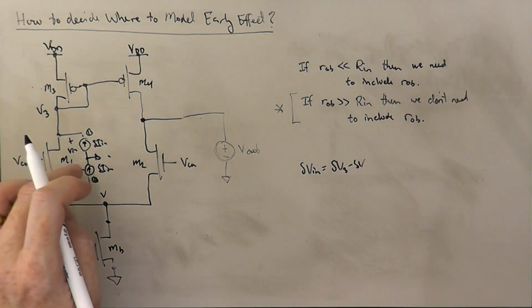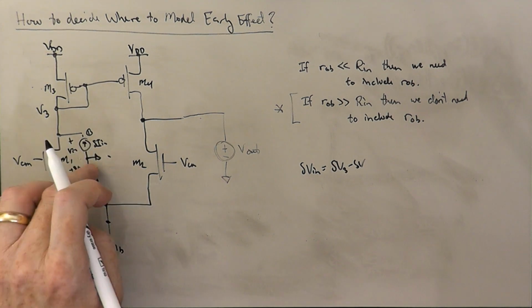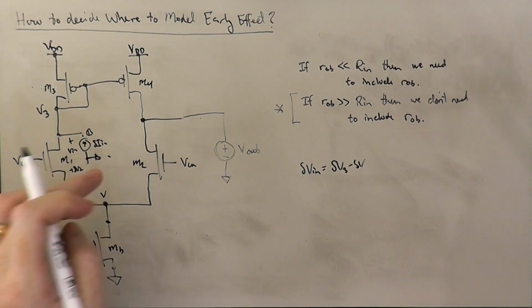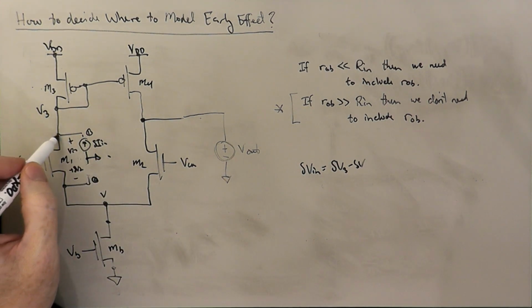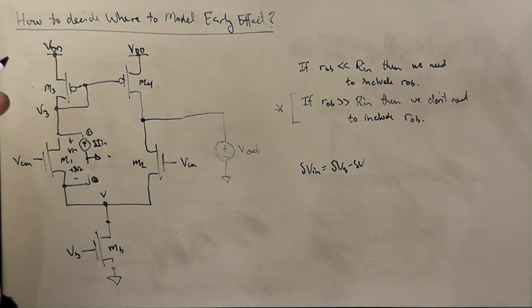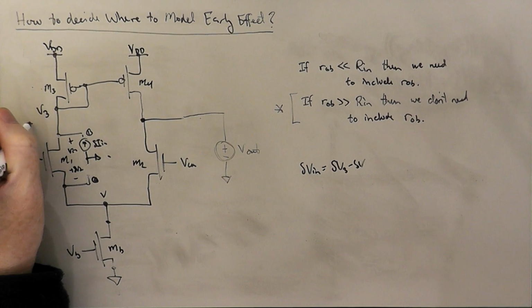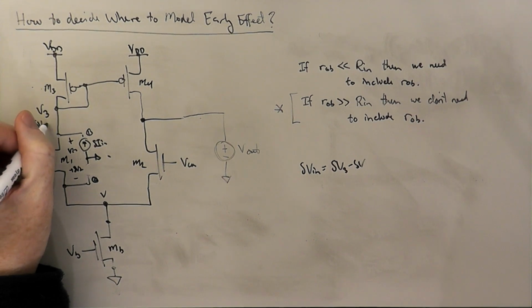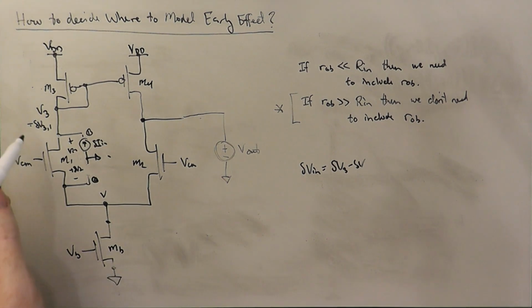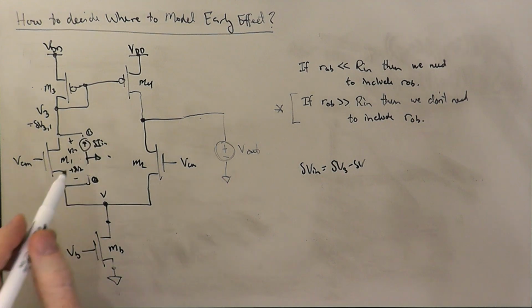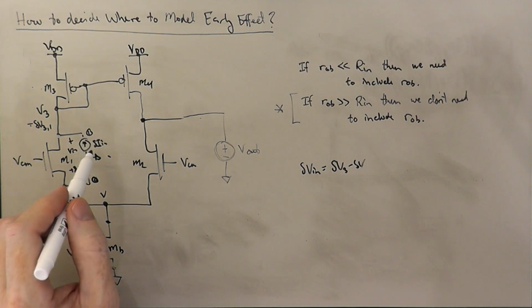And so when we turn off replica source 2, by replacing it with an open, we're thinking about injecting a current onto node V3. And so we have to think about what that's going to do. Well, it's going to move V3 by some delta V3, and we can call this V31, right? The component of delta V3 due to the change in replica source 1.